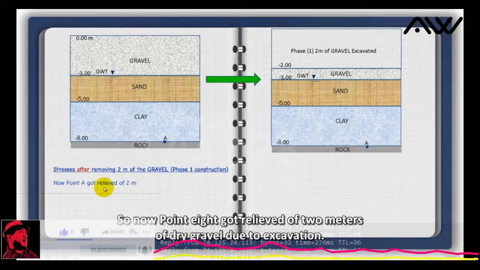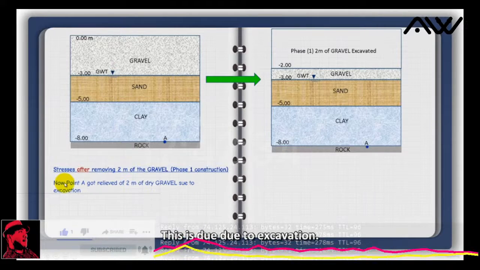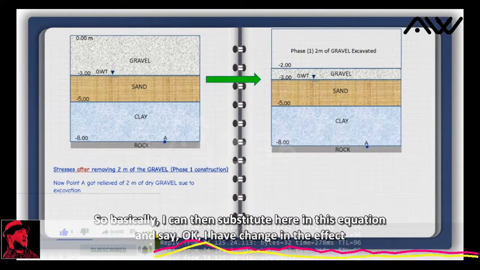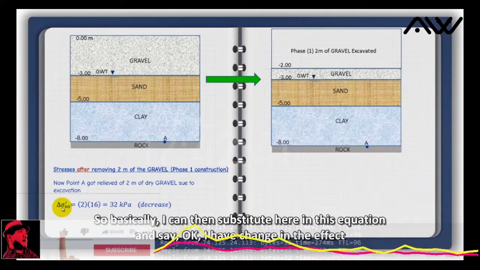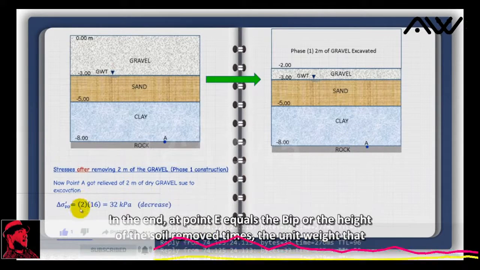Now point A got relieved of 2 meters of dry gravel due to excavation. So I can substitute in this equation: the change in the effective stress at point A equals the height of the soil removed times the unit weight.